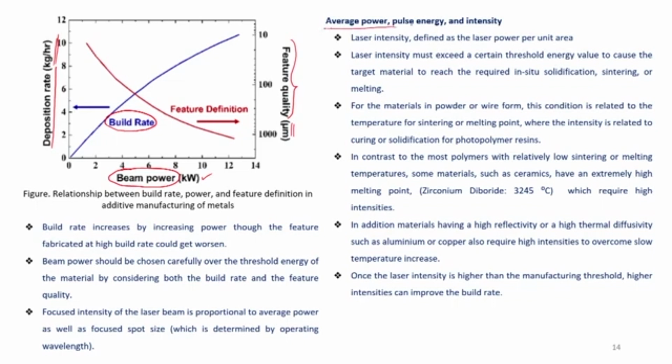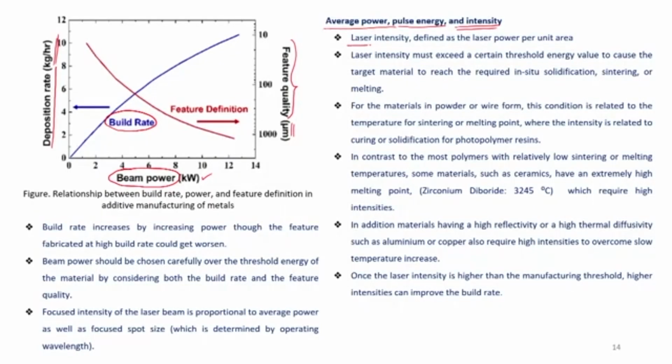The beam power decides the pulse energy and the intensity as well. If you keep the diameter constant, the power also controls the density. The laser intensity is defined as the laser power per unit area. Laser intensity must exceed a certain threshold energy value to cause the target material to reach the required in situ solidification, sintering or melting.